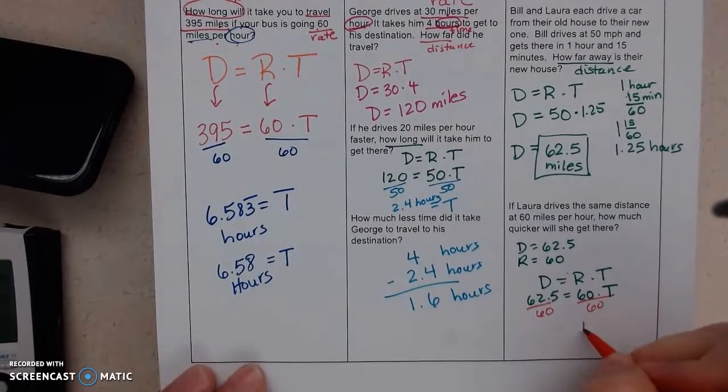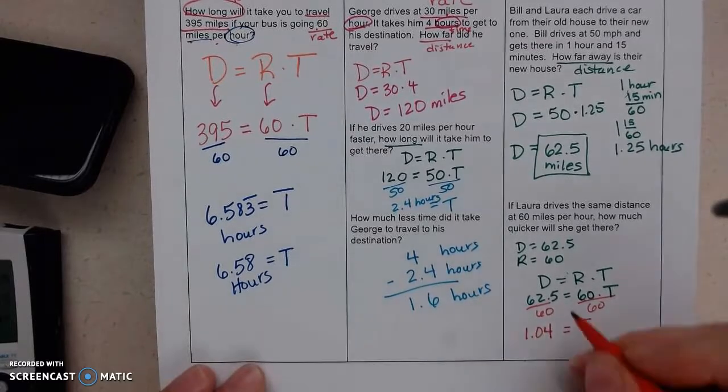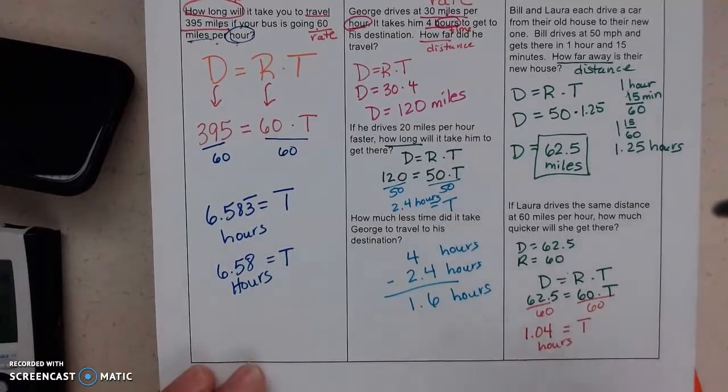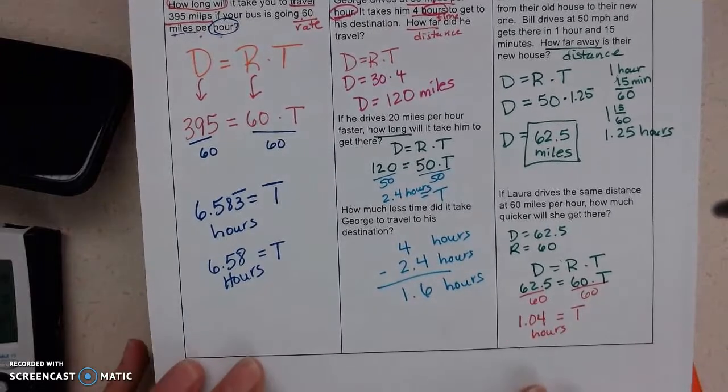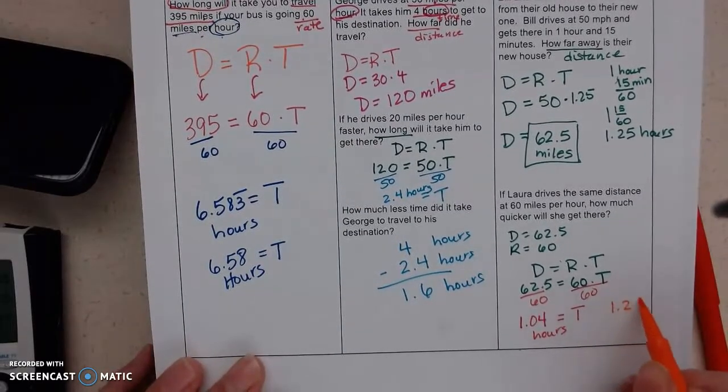So it took her 1.04, I'm rounding, hours. So how much quicker we need to compare. So we're going to take Bill is 1.25 hours, and we're going to take off the 1.04 hours, and she got there in 0.21 hours faster.